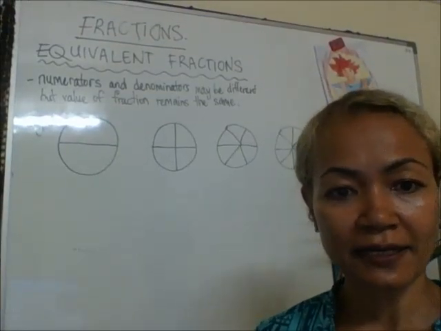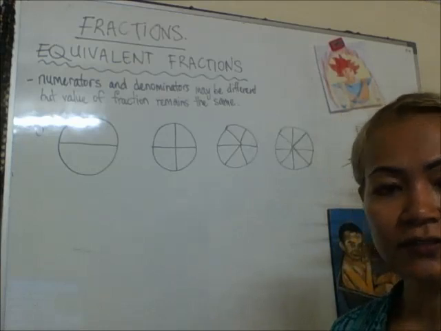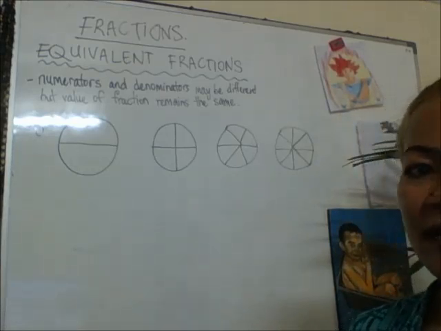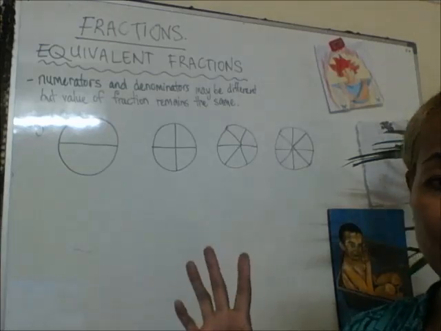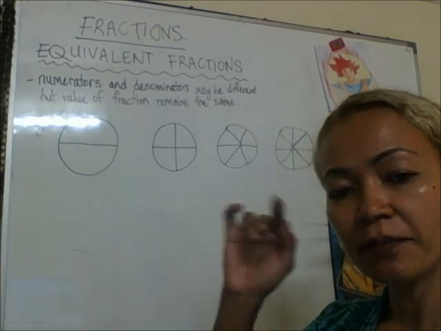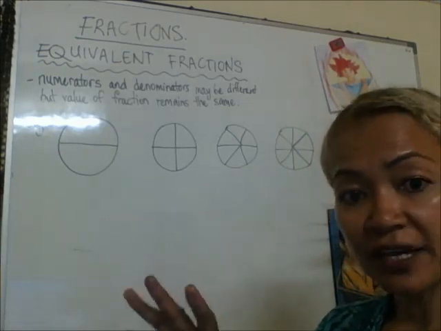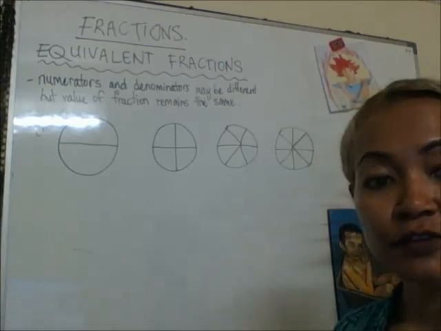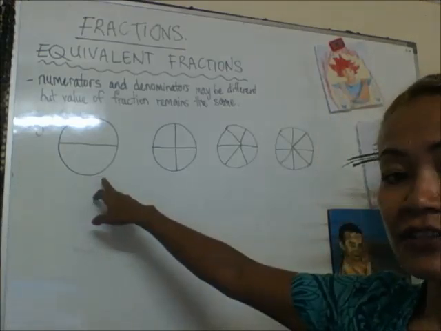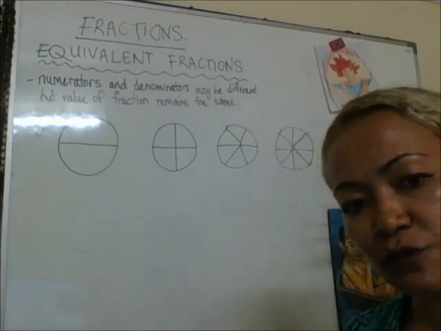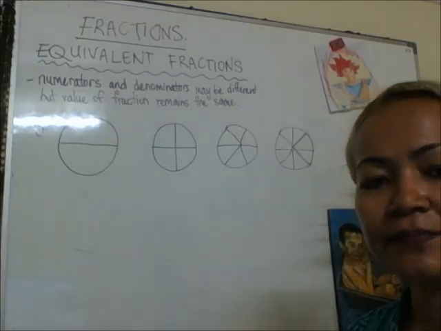Okay, on to a quick explanation about equivalent fractions. So equivalent fractions are where the numerator and the denominator, so the number on top and the number on the bottom, might change, but the value of the fraction remains the same. And I'm going to illustrate this in 4 different diagrams, which will have the same value.